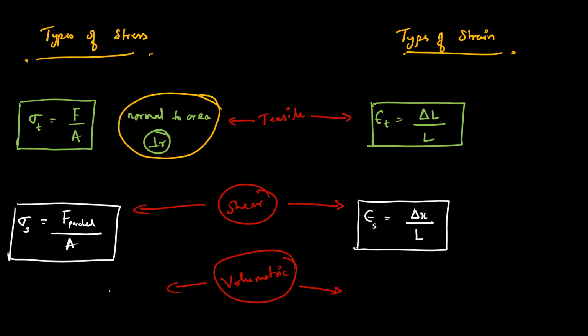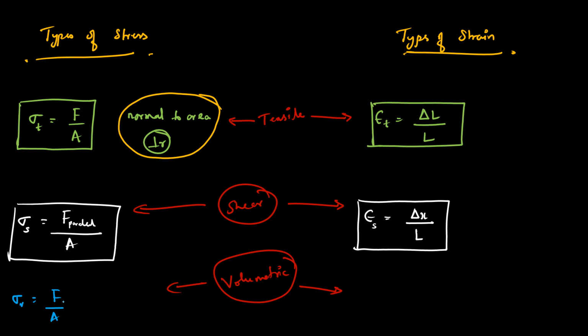Now for this also I can write down the formula. So it is going to be epsilon, here it is going to be sigma, right? But what is going to be the difference over here? You can write sigma v. This is going to be your F divided by A.